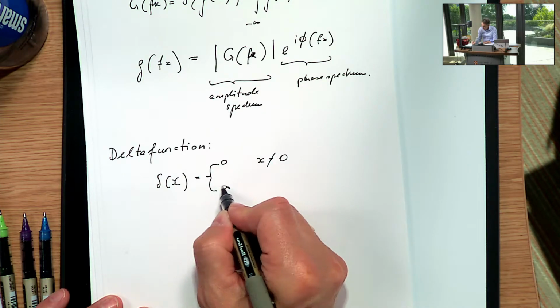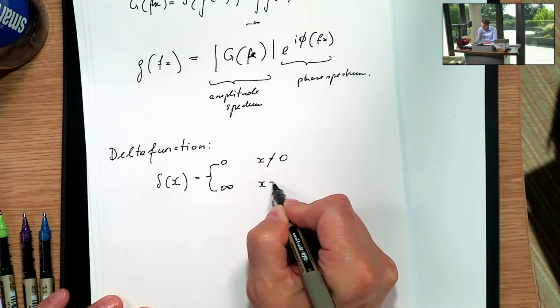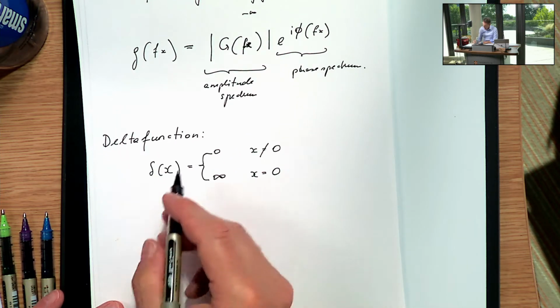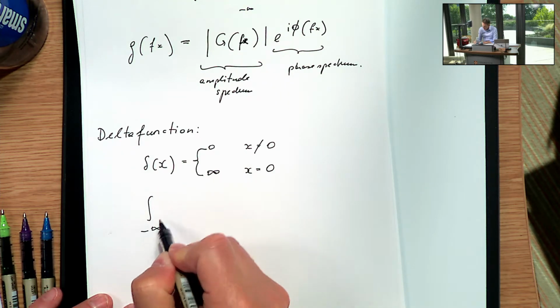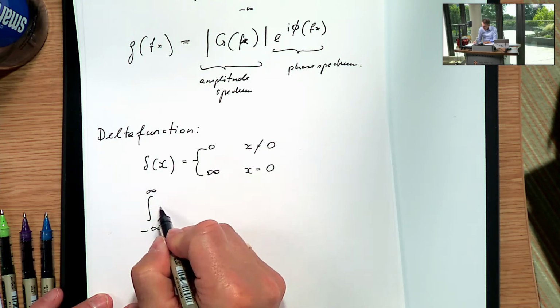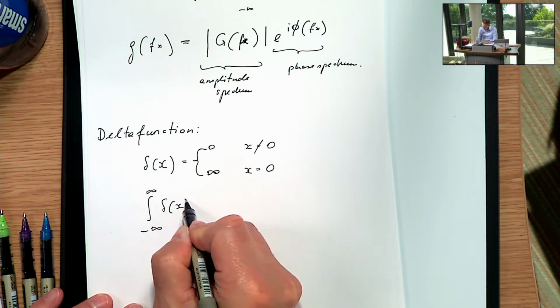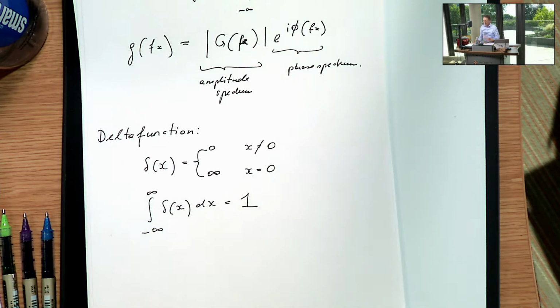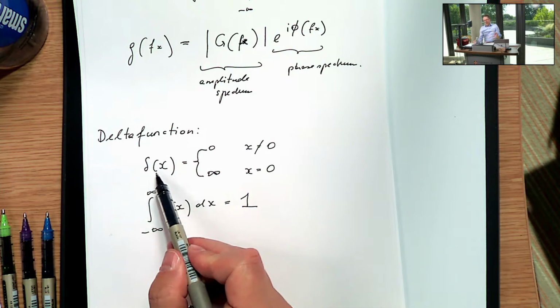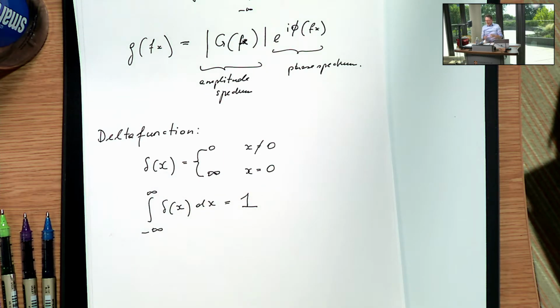It is equal to infinity at x equals 0. And another property of it is that the integral from minus infinity to infinity of delta x dx is equal to 1. So it's an infinitely thin but infinitely tall function centered at 0, which has an area that is equal to 1.